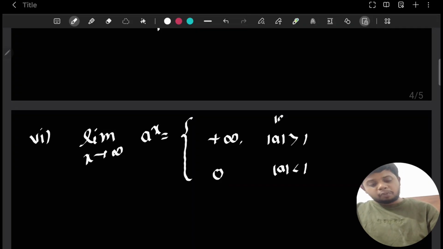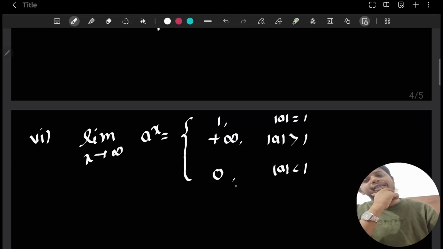And if mod a is equal to 1, we'll get the answer 1. You will say, sir, now only you have told 1 power infinity is indeterminate. Now you are writing mod a equal to 1 means this will go to infinity.